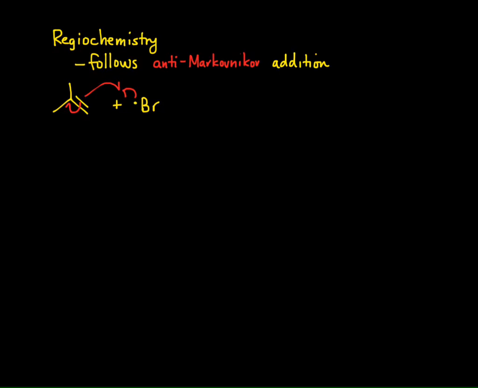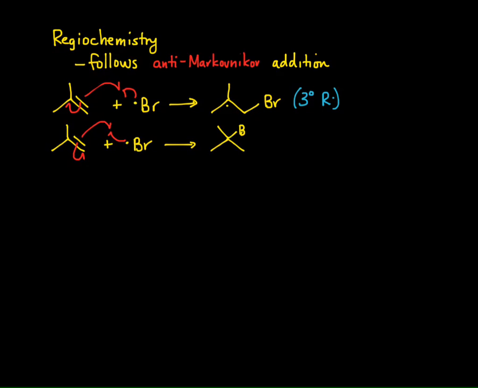If the electron goes to the carbon on the left, we see that we generate this alkyl bromide radical that is a tertiary radical, right? Now, if, on the other hand, I take the alkene and react it with bromine the same way, but this time that last electron goes to the carbon on the right, the result is this, right?